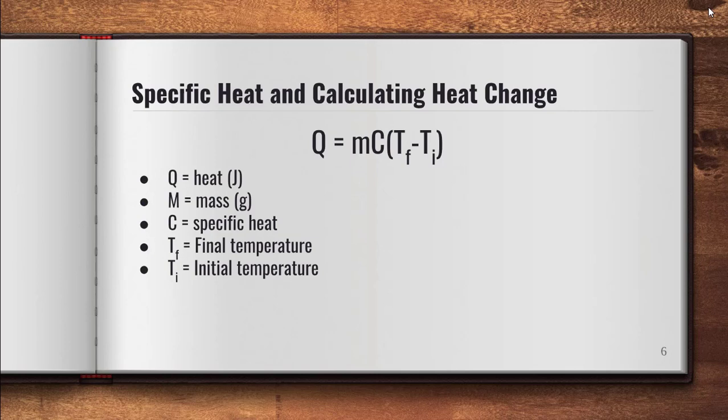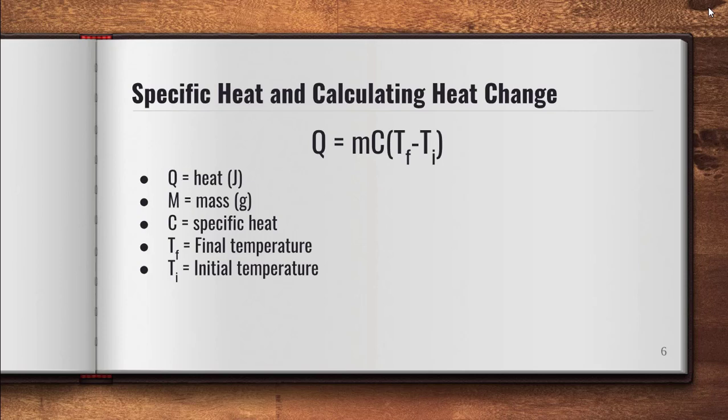So how do we perform heat change calculations? Well, this looks like a really complex formula, but if you take a look here, there are 5 variables, okay? I will give you 4 of those 5 variables. You will just have to solve for the one unknown. So it's just a little bit of algebra here. The formula is Q equals MC delta T. Delta T just simply refers to the change in temperature.